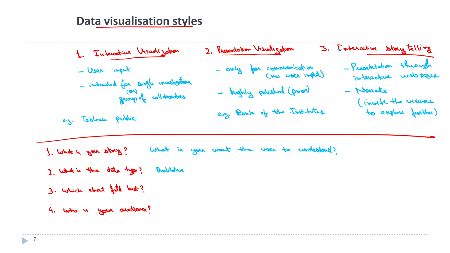Or is it quantitative? That means you have specific objectivity to be targeted. It could be your sales and earnings, it could be the population statistics, it could be the number of products that were sold in the last year. So, what is the data that you are trying to present here?